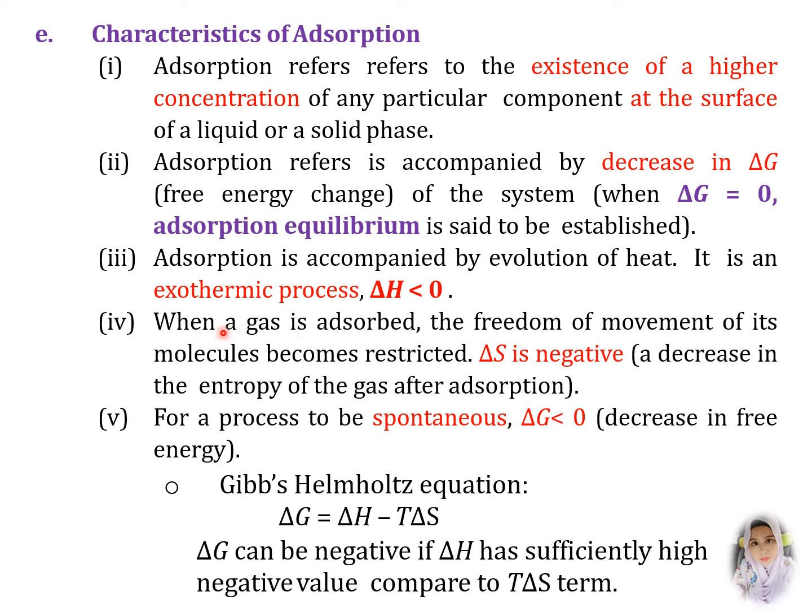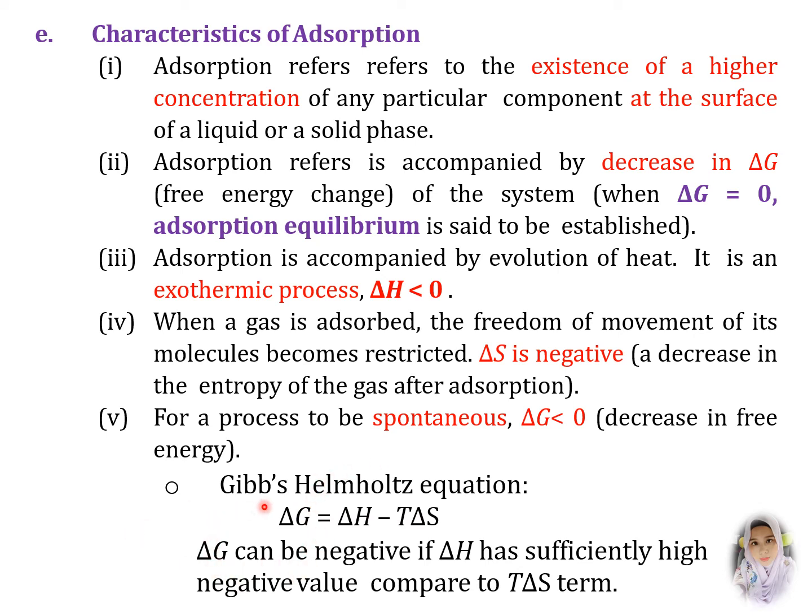In other words, delta H of adsorption is always negative. On account of the decrease in the entropy of the gas after adsorption, delta S is negative. For the process to be spontaneous, the thermodynamic requirement is that delta G must be negative, which means there is a decrease in the free energy.